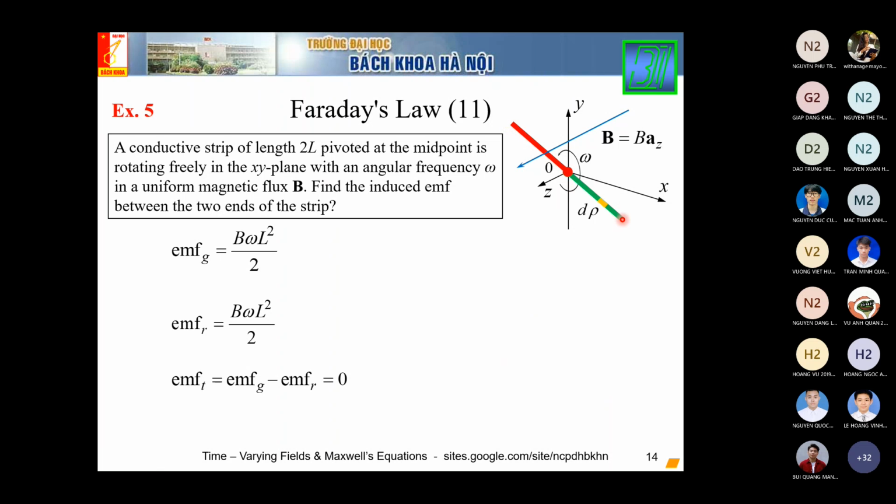When a bar spins about its middle point inside a uniform field, the total EMF between the two ends of the bar is 0. Okay.